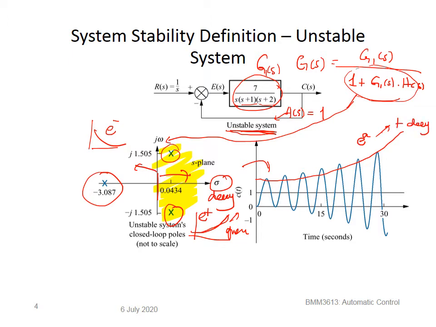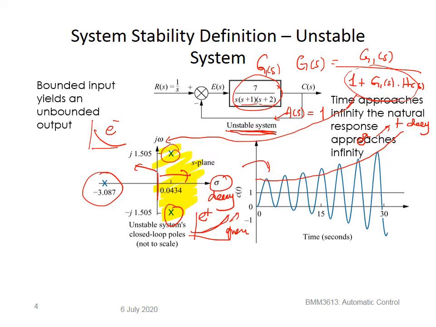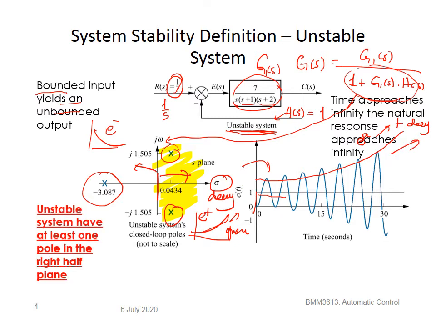So as time approaches infinity, the natural response approaches infinity. For a bounded input, which is 1 over s, we get an output which is unbounded. The output keeps on growing, so the system is unstable.